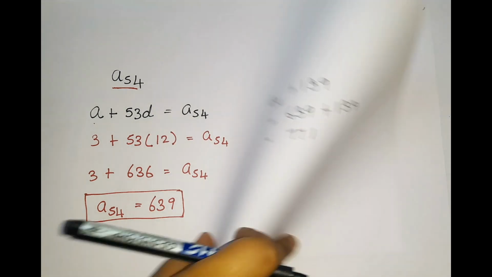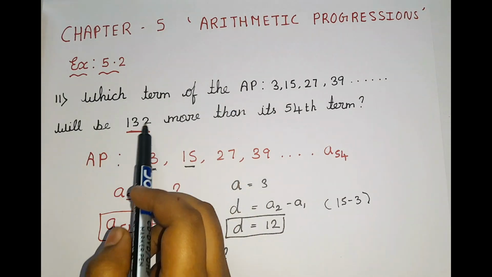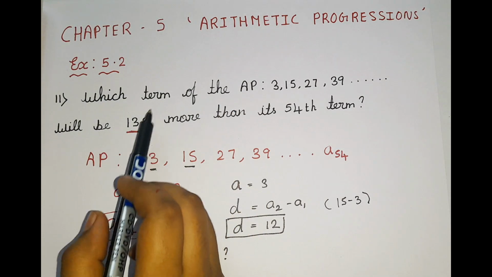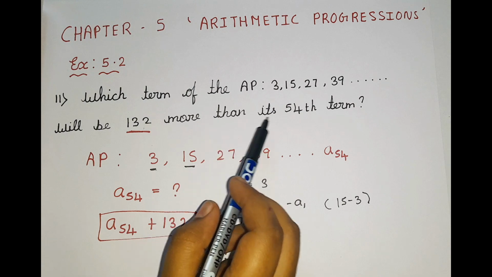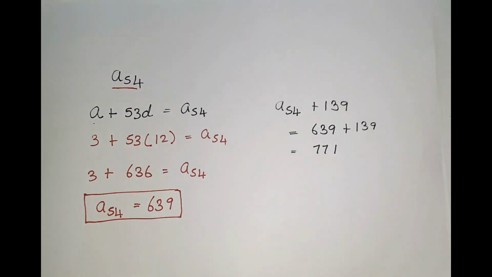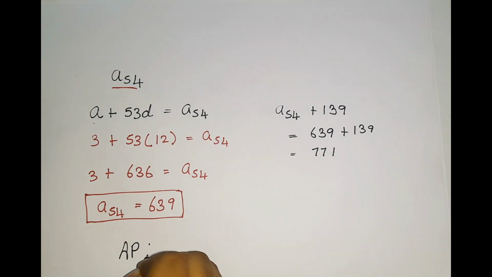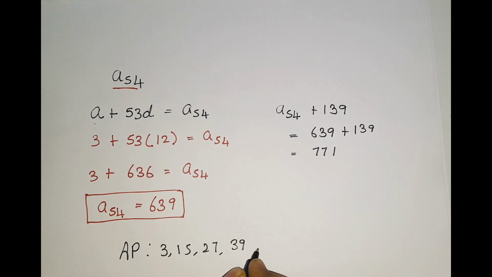According to the question, they mentioned which term of the AP will be 132 more than its 54th term. The 54th term is 639, isn't it? If I write the AP that they mentioned in the question, that is 3, 15, 27, 39 and so on.